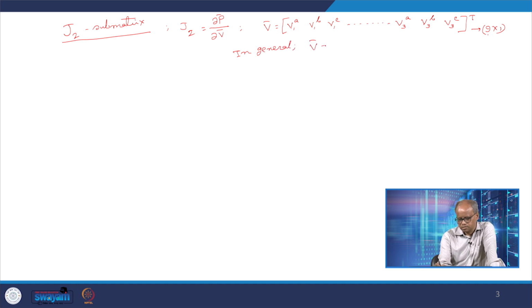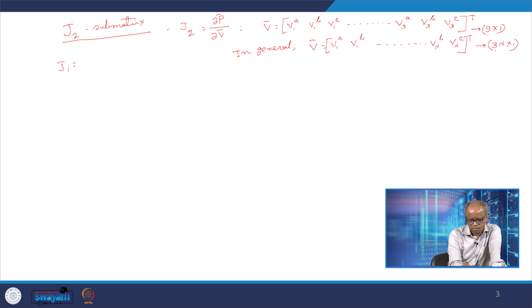The V vector is V1A, V1B, dot dot dot, VNB, VNC transpose. So it is 3n cross 1. Because the P vector is also 3n cross 1, J2 is actually a 3n cross 3n matrix, so it is a square matrix.